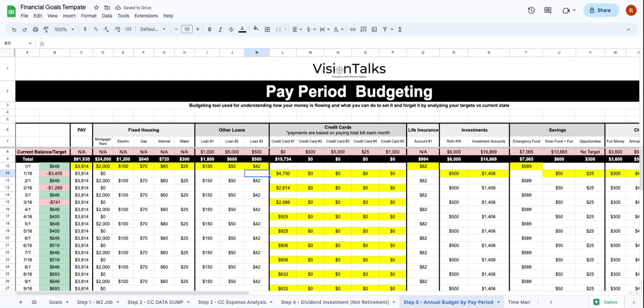Typically loans obviously have a monthly payment. So if your monthly payment maybe was $25, but you want to say, hey, I want to pay a little faster, and I want to pay it this year, $42 a month would get you there. Or you could just enter in whatever your payments are.